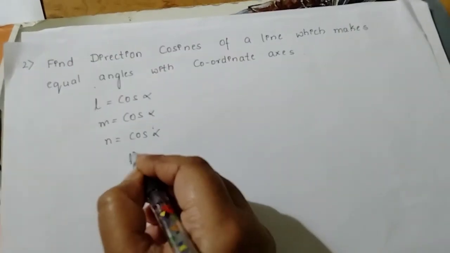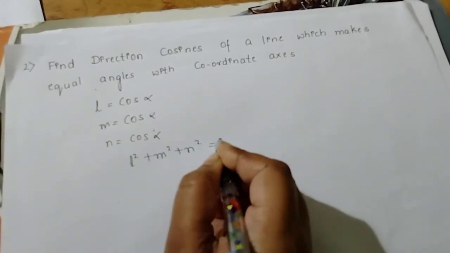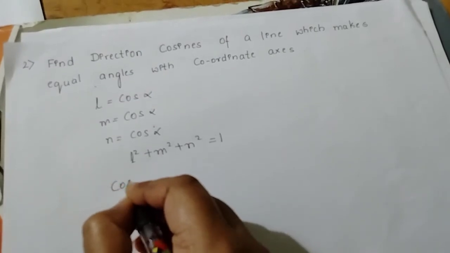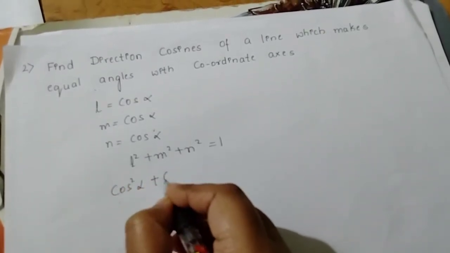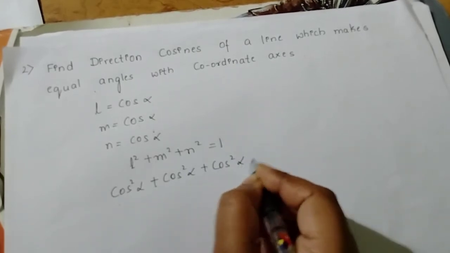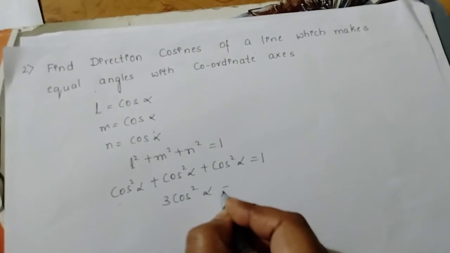But what they have given is that they are making equal angles. So you know the identity L square plus M square plus N square is equal to 1. Okay. So using that identity, cos square alpha plus cos square alpha plus cos square alpha is equal to 1. 3 cos square alpha is equal to 1.